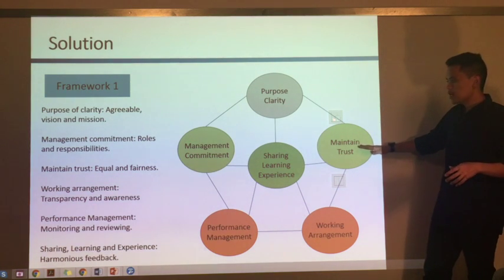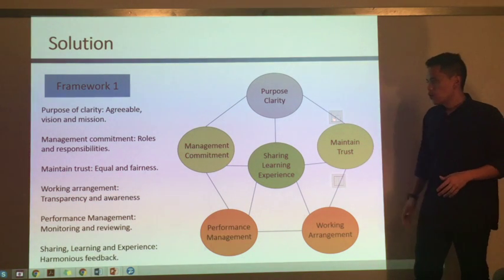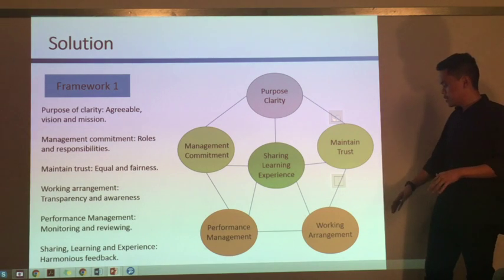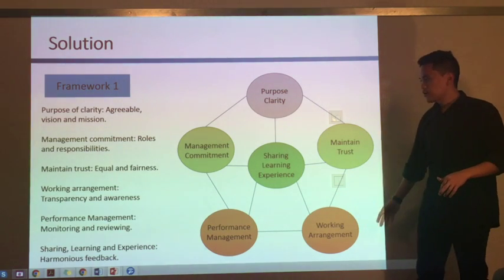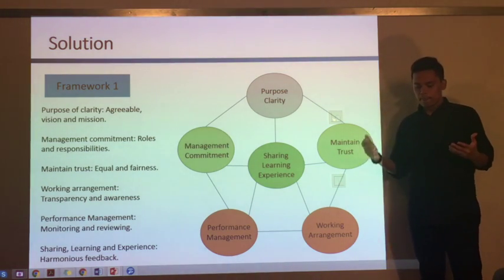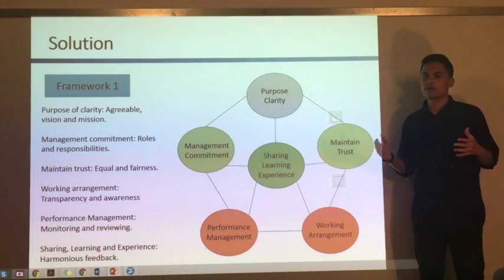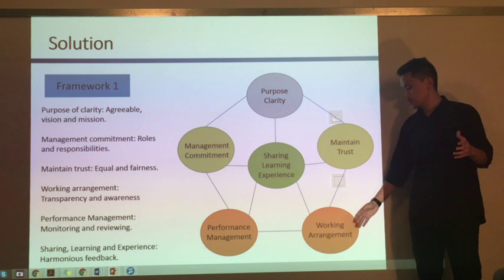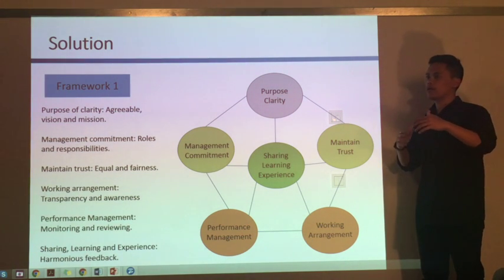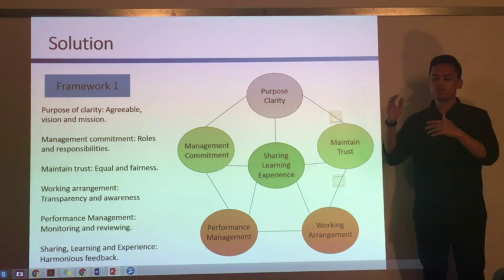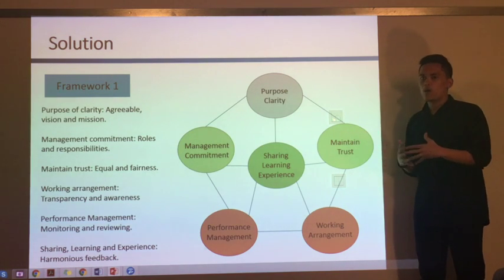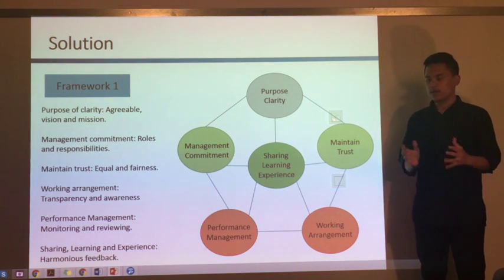After trust, we move to the working arrangement. Working arrangement is about transparency and awareness. It's really basic. All partnerships and business relationships should be transparent, and either the BPO client or the BPO provider should be aware of what has happened in their relationship.